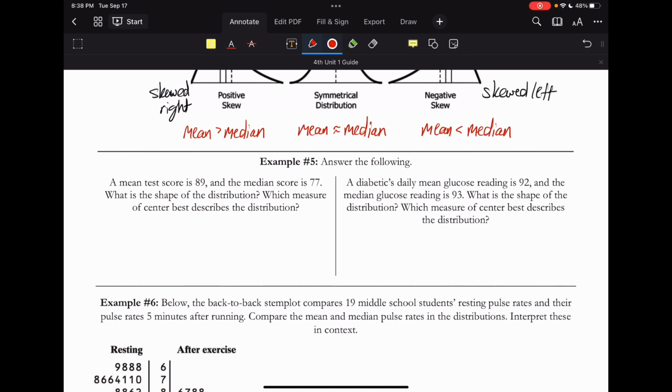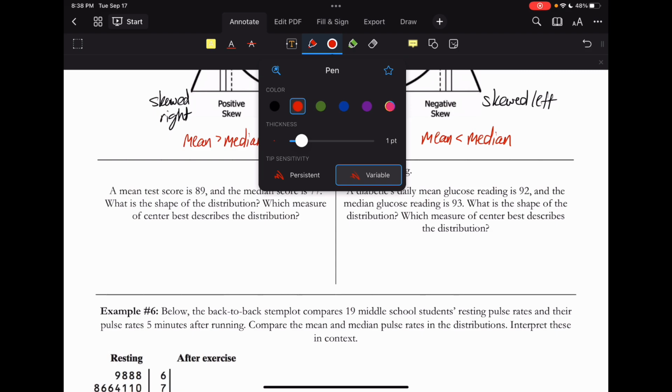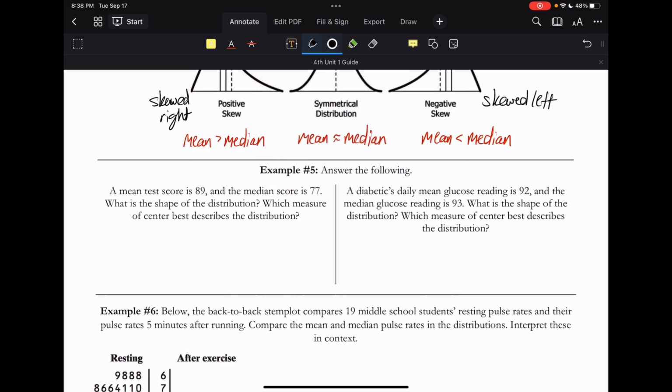All right, so I have a mean test score of 89 and the median score is 77. I want to know what's the shape and then which measure of center best describes it. So since my mean is larger than my median here, I know that I have a skewed right distribution.